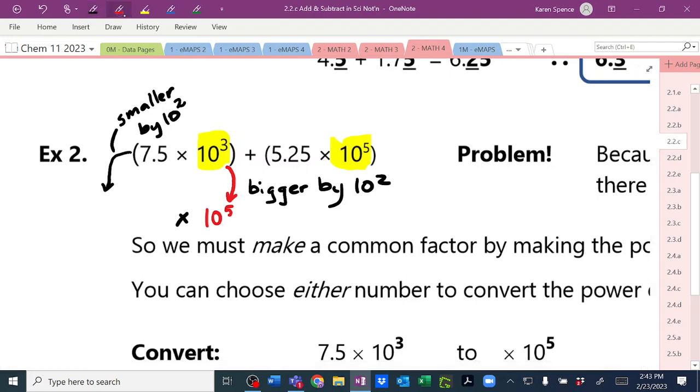So I'm going to move it over 1, 2 places, so it's going to end up here. And we end up with 0.075 times 10 to the 5.